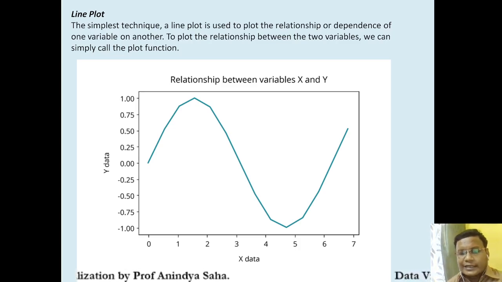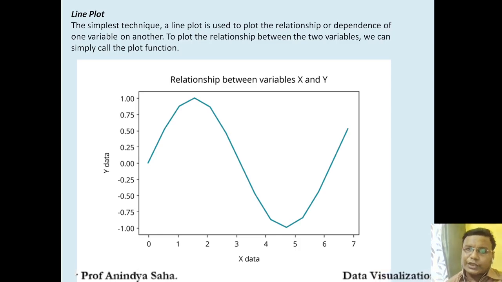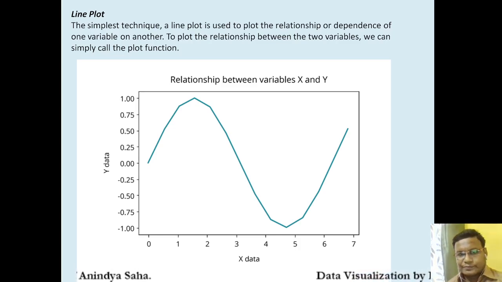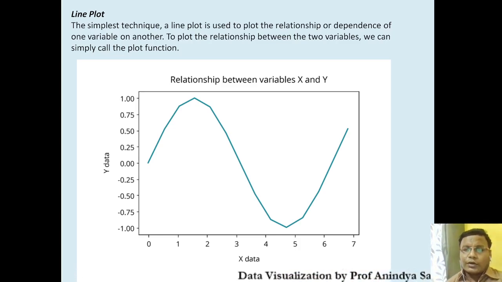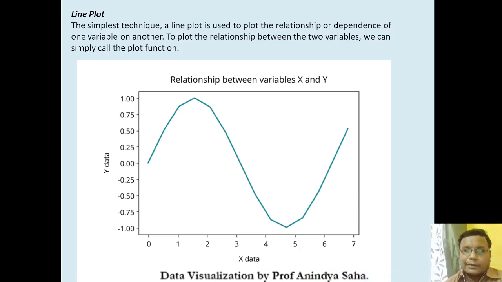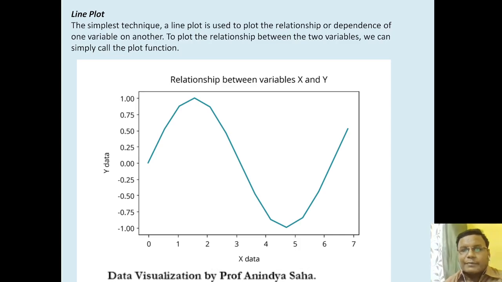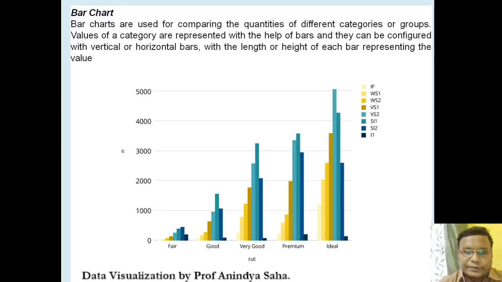That means we can say how x data is related to y data. So when we want to make a graphical representation of the analysis result on two dependent and independent variables, then we may go for the line plot.